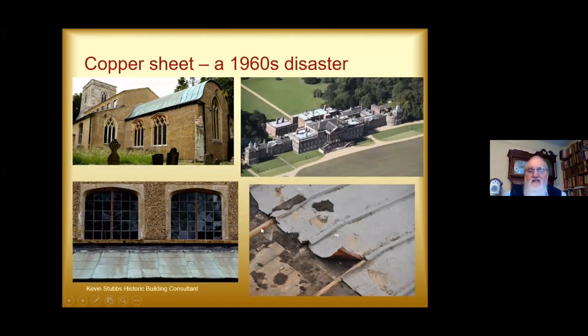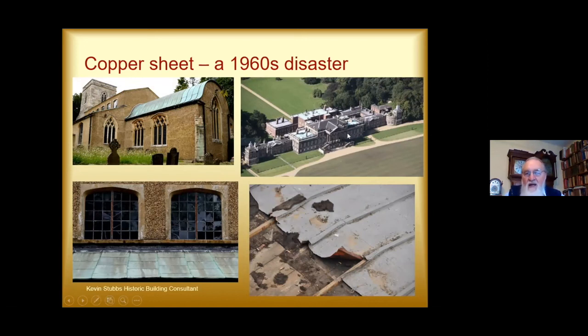In the 1960s, the cure-all for all flat roof or sloping roof areas where lead had been was copper. It was coming in cheaply from what was then Southern Rhodesia, coming in by the shipload, thin material, so lightweight, and many of our church roofs were covered with this material.